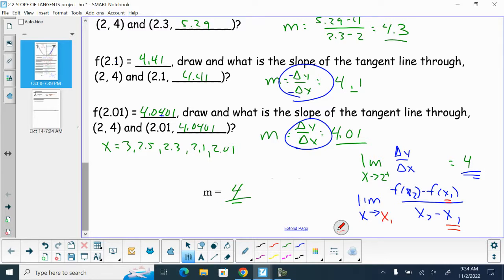So as x got closer to this x1 value here, we had f of x2 minus f of x1 over x2 minus x1, and we were subbing in for this x2.